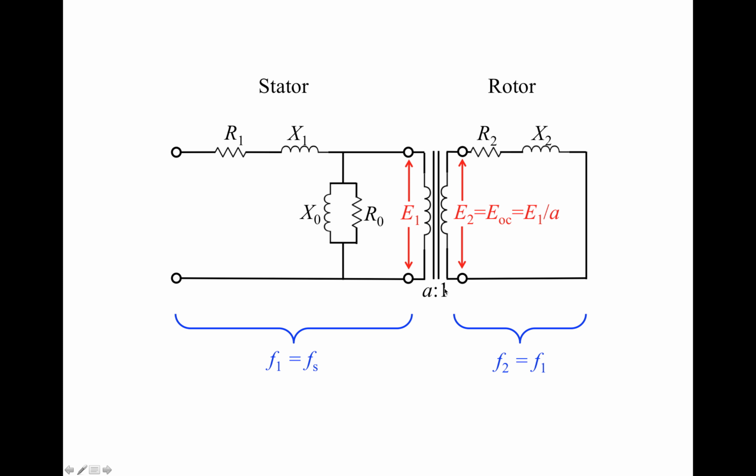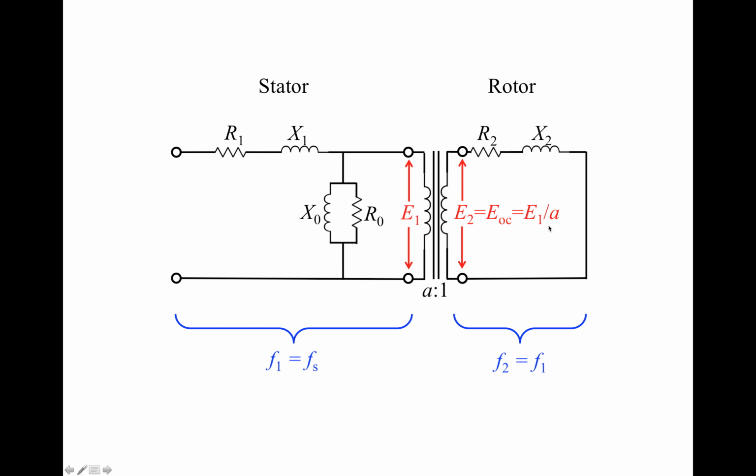If the voltage on the stator side is E1, the voltage on the rotor side, E2, should be equal to the so-called open circuit voltage. This is the standstill condition, so the open circuit voltage, considering the turns ratio A to 1, is E1 divided by A. So on the standstill condition, E2 equals E1 divided by A.